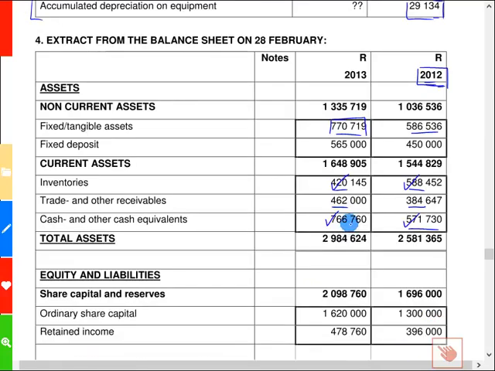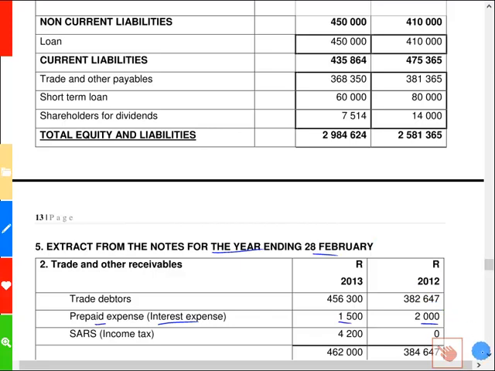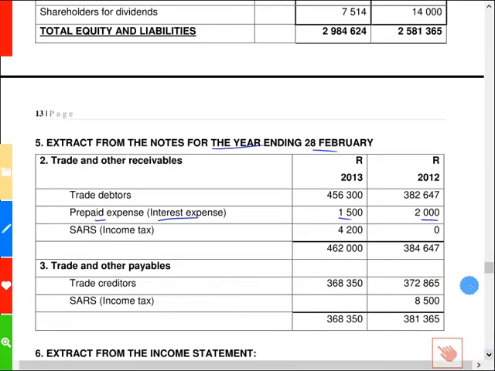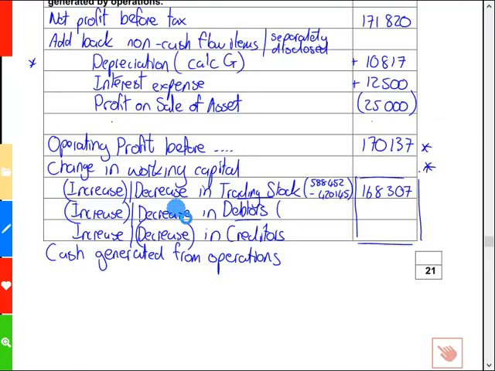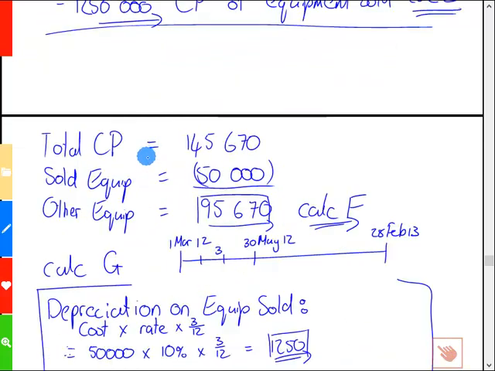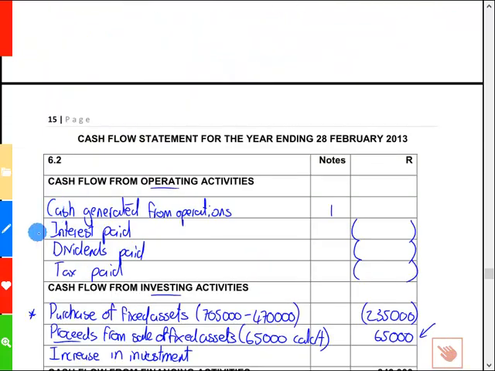They've given us this note, and they tell us that debtors actually went, this 384 and 462 is actually made up of 3 line items: SARS, prepaid interest expense, and trade debtors. Now these 2 items are going to be taken into account when we calculate the interest, and the tax is going to be taken into account when we calculate these 2 line items. Right?